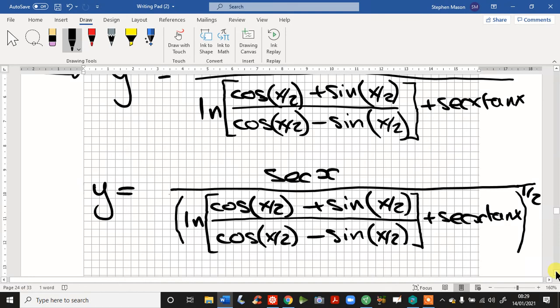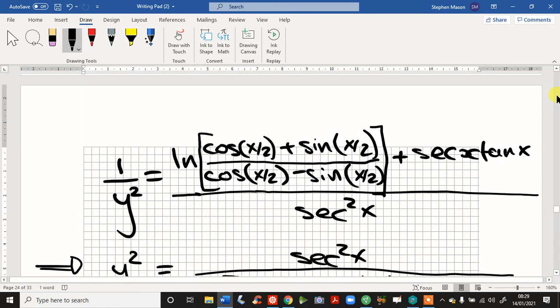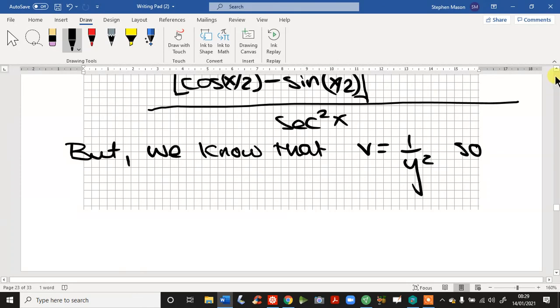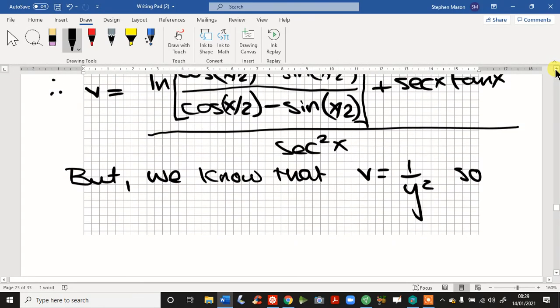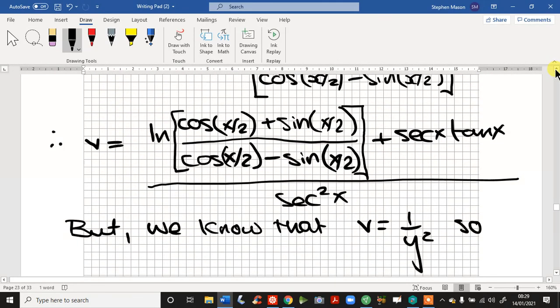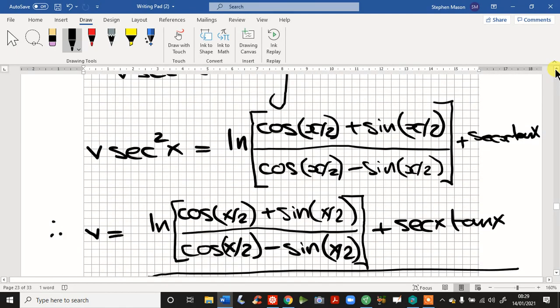If you had included the constant of integration that you invariably get with integrals, then there would have been an additional constant over here. So really we should have added the constant on, like so.